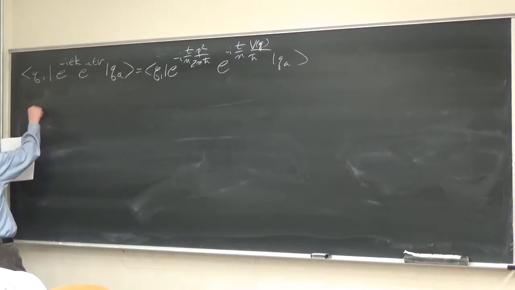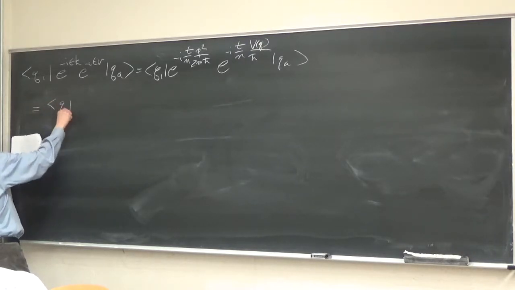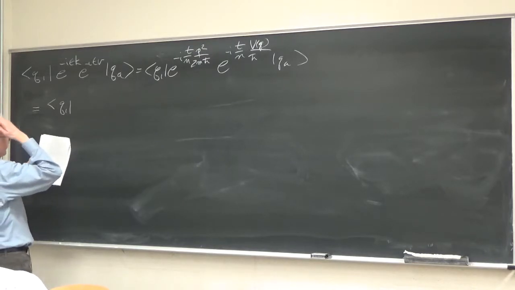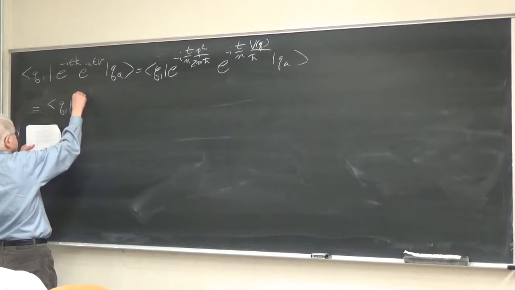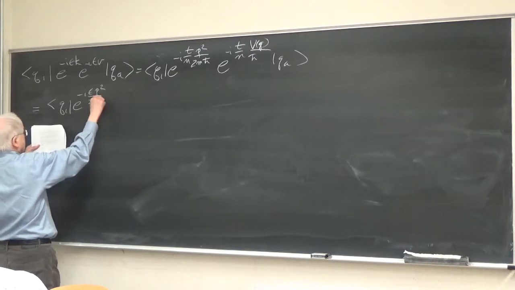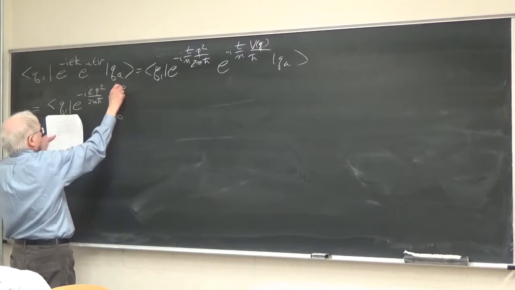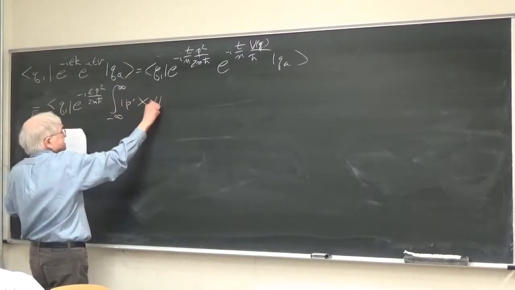And so this is equal to, we're going to insert a complete set of states in the middle here. So this is e to the minus i epsilon p squared over 2m h bar. Insert the identity operator in the form of an integral of outer products of momentum eigenstates.